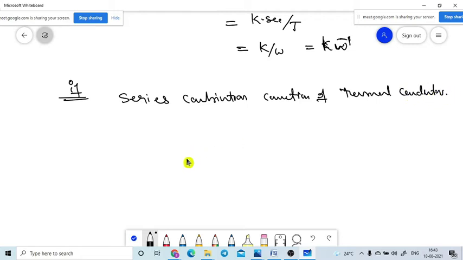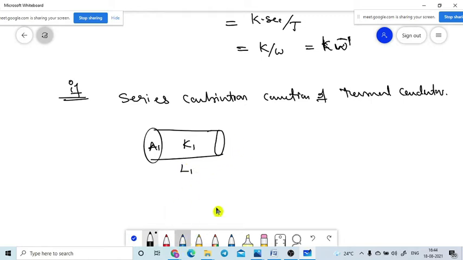So we are taking two or more thermal conductors in series combination with different thermal conducting values. Here is one slab with area of cross section A1, thermal conductivity K1, and length L1.